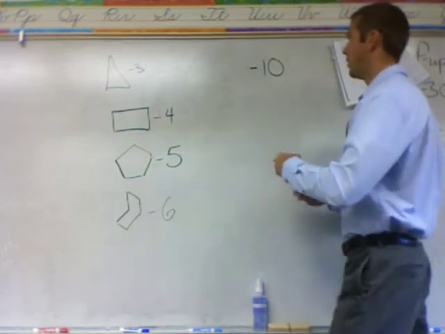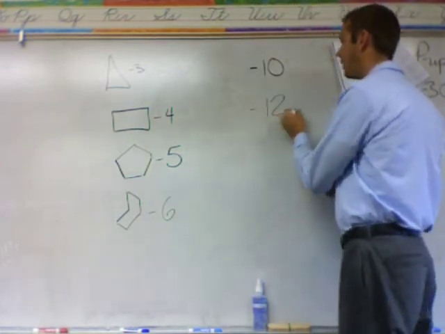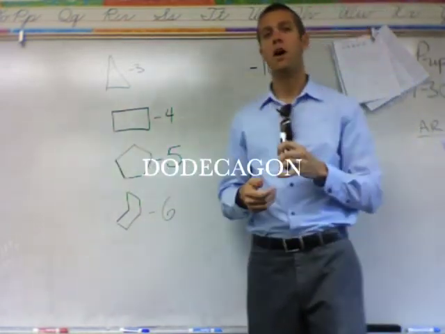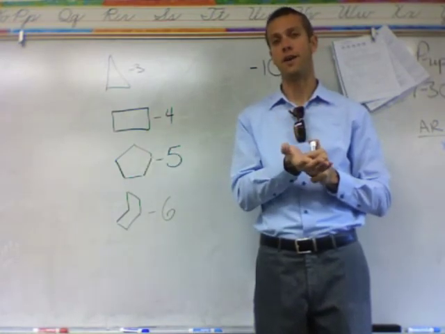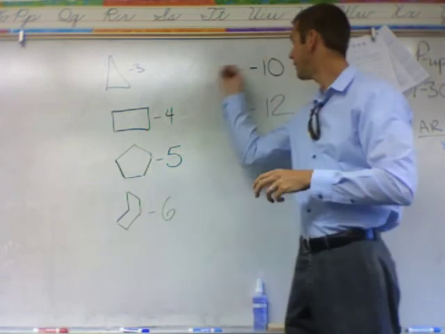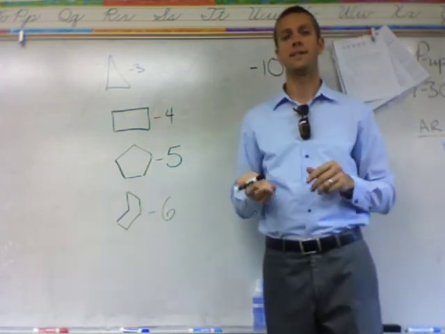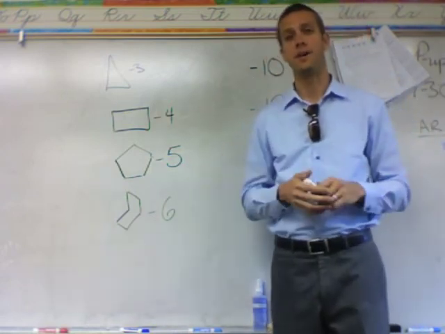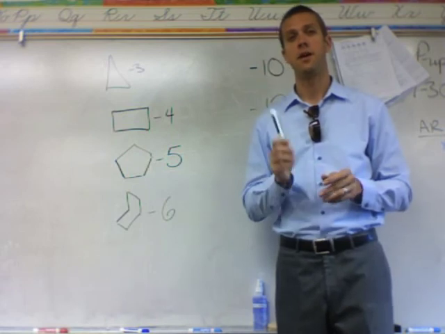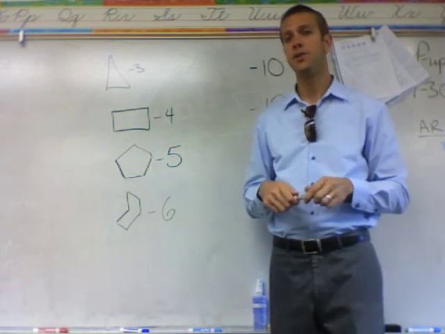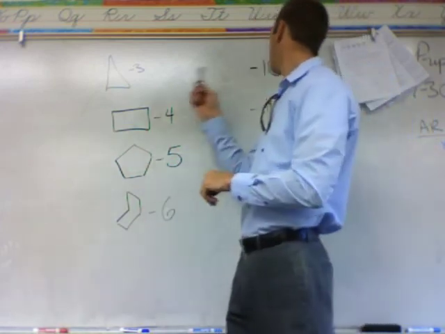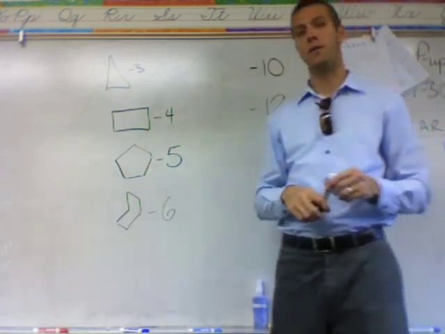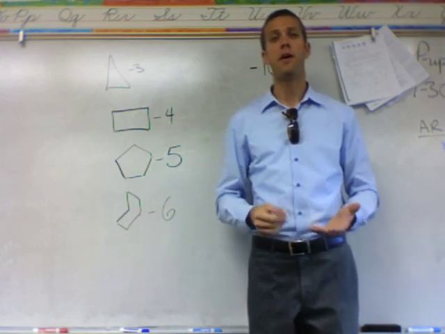Then the next one that you should know, skip 11, is 12. That is a dodecagon. It has a D-O in front of decagon, so it's very similar to the 10, but it has a little bit extra, and a little bit extra sides as well. Make sure you commit those to memory. You should know those shapes: 3, 4, 5, 6, 7, 8, 10, and 12. And if you have any questions about polygons, come and see me.